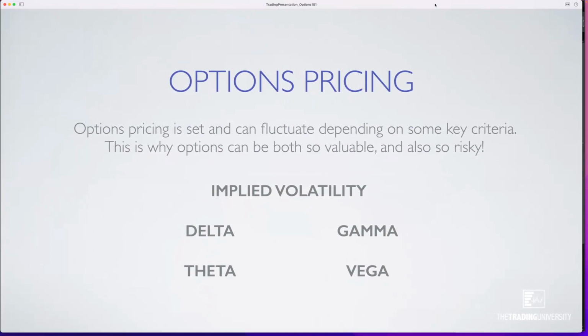So option pricing is based on implied volatility and then the Greeks. So it's important to understand the Greeks. They're delta, theta, gamma, and vega. And when you're buying calls or puts, delta and theta are kind of the more important ones to really pay attention to.